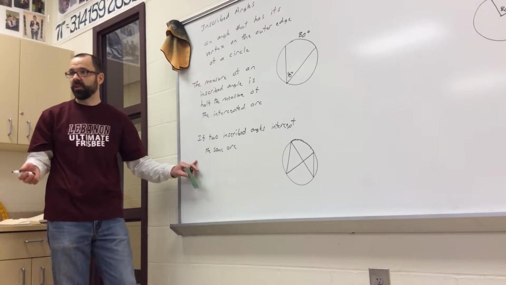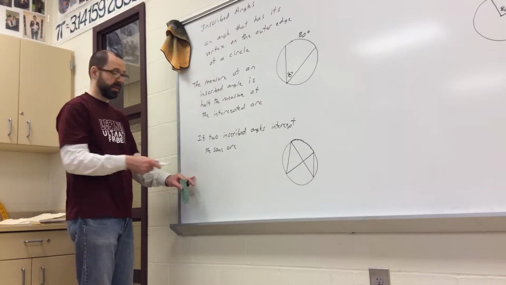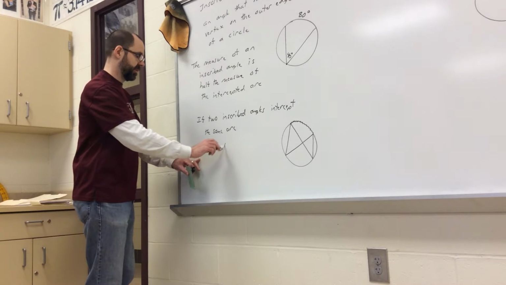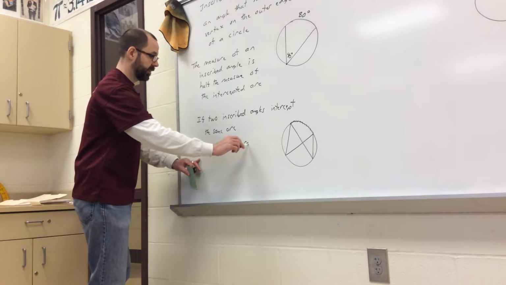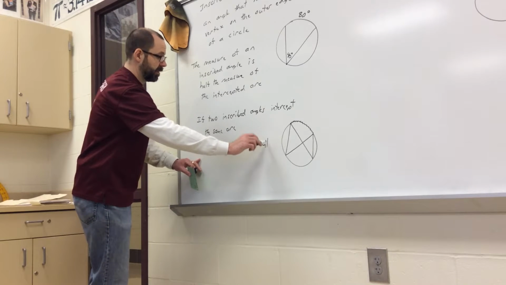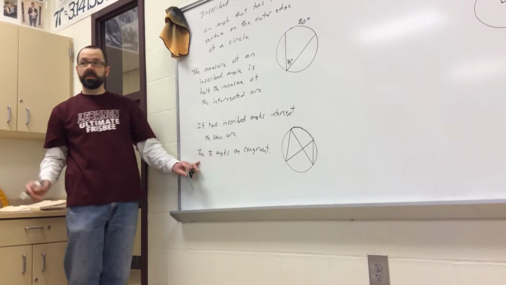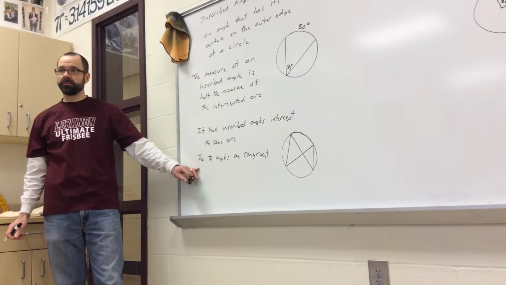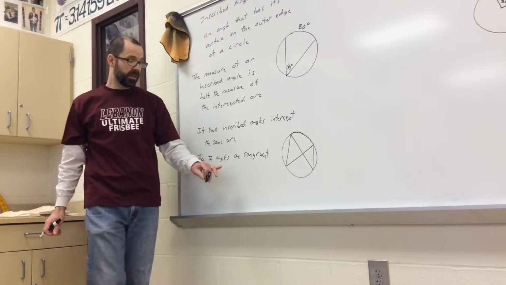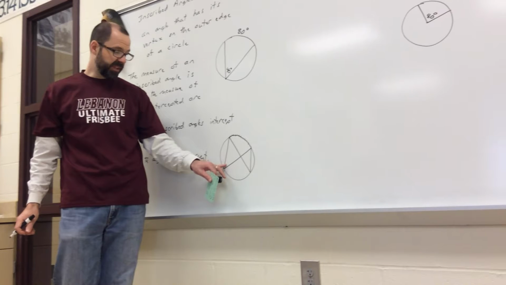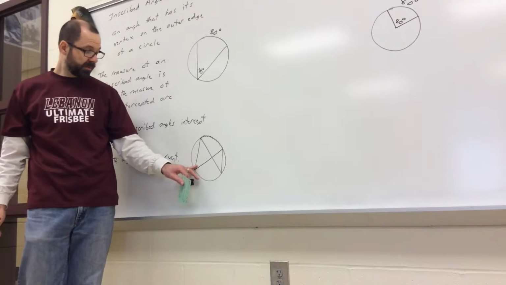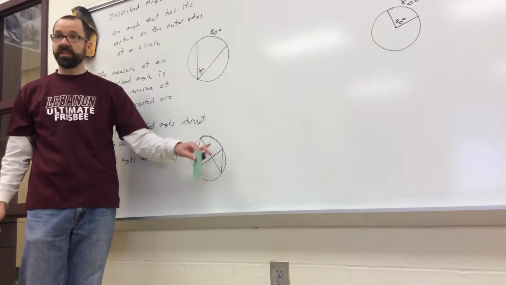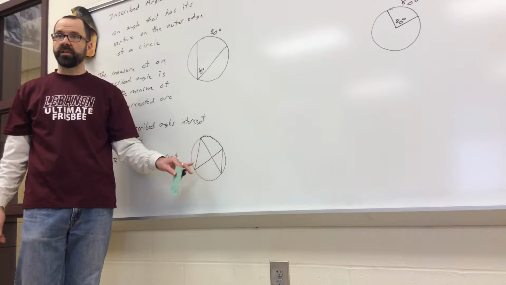Okay, now I know you've waited long enough, so let me tell you what happens in this situation. Then the angles are congruent. So if this angle was 50, what would this angle be? 50 as well, because they are intercepting the same arc, so they're congruent to each other.